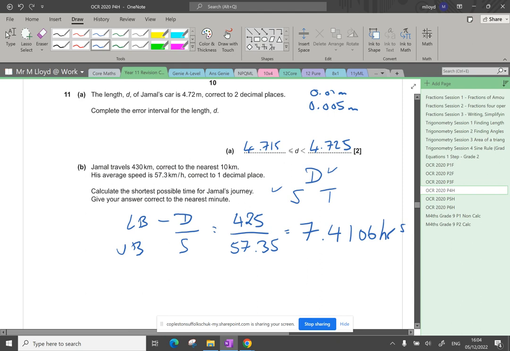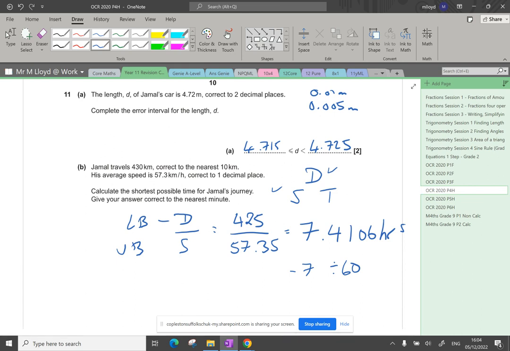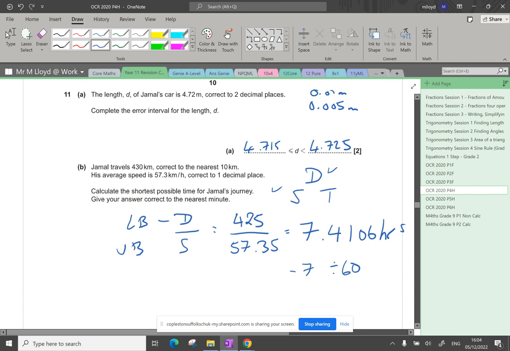Right, it wants it correct to the nearest minute. So what I'm going to do here is I'm going to take away 7 and then divide it by 60. And that's not giving me the answer I wanted. Ha ha. I think it's because I need to multiply by 60. I think I made an error there. Good.